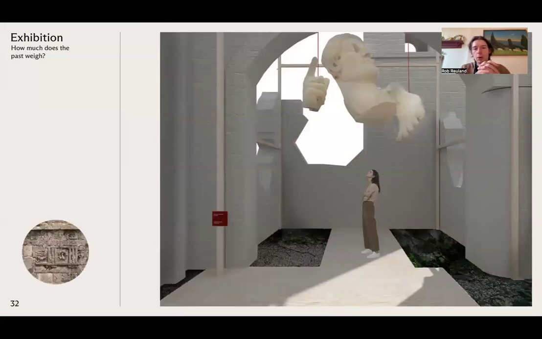The next one is a more poetic question, which is: how much does the past weigh? It's a question that speaks to the notion that Italians have a relationship with history that is one of pressure, since there's such greatness in the previous civilizations of Rome and other wonderful artists that have passed through, that there is this sense of pressure from the past, and this requisite to be great.